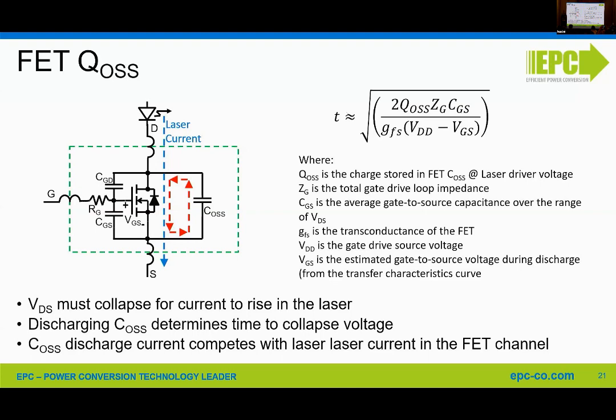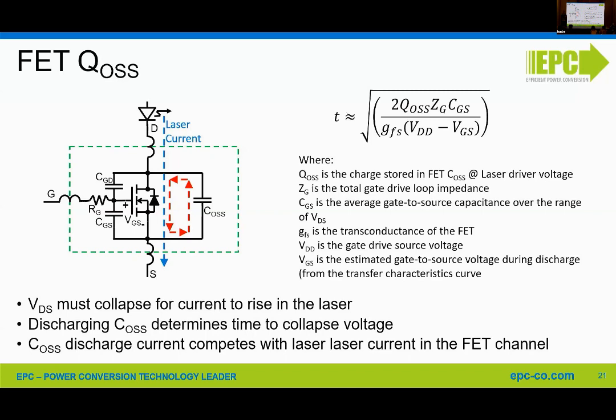The COSS of the FET is an important characteristic, because the discharge of the COSS shares a path with the laser driver. So going through the channel of the laser driver, you're going to have both the laser current and the discharge of the COSS. What you want to do is collapse the VDS very quickly, and that entails discharging the COSS.